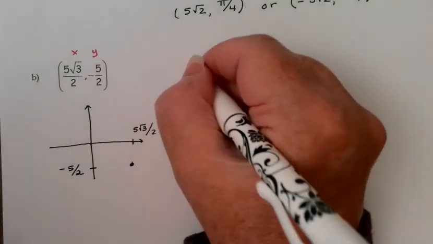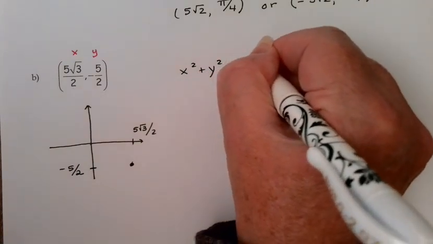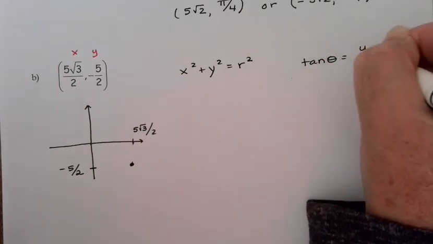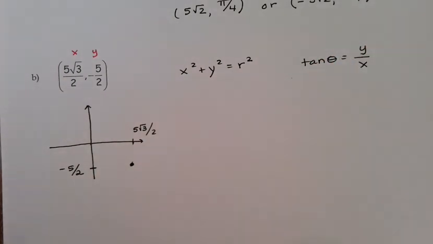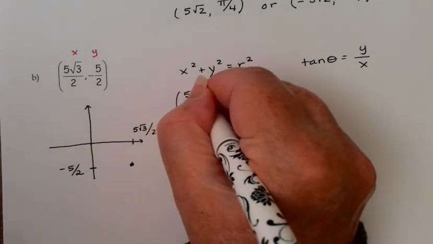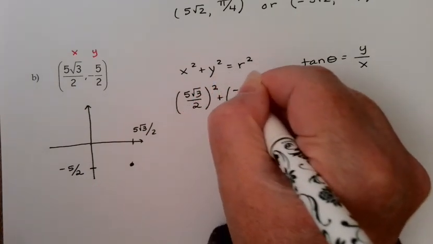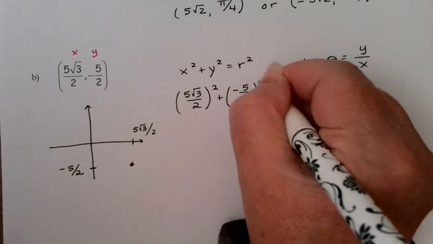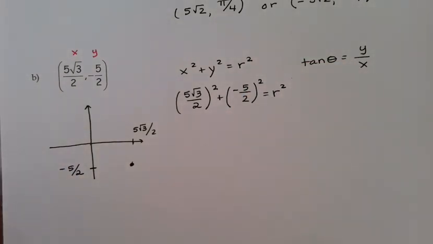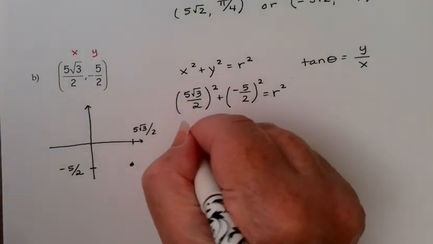All right, we're going to do the same thing, same two equations. x squared plus y squared equals r squared, and tangent theta equals y over x. That would be 5 square root 3 over 2 squared plus negative 5 halves squared equals r squared. 25 times 3 would make that 75 over 4.